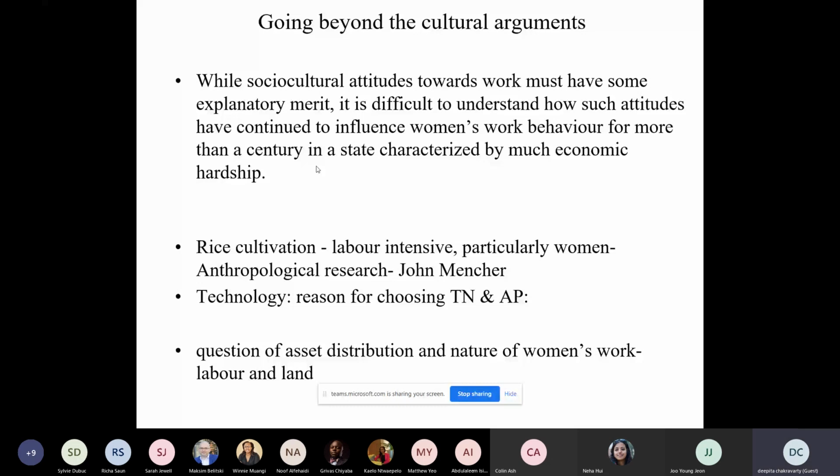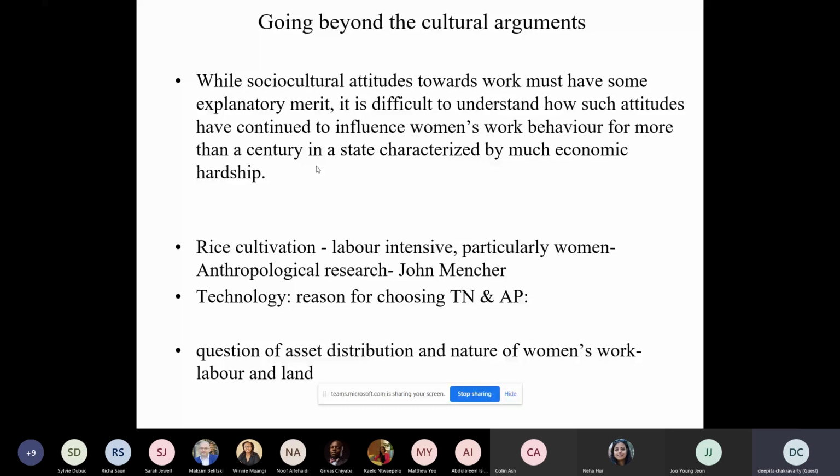So when I started thinking about what can be the difference between Tamil Nadu, Andhra Pradesh and West Bengal, when all three are major rice cultivating states and the technology is the same, the first thing that comes to mind is whether the asset pattern in these states is different from each other.